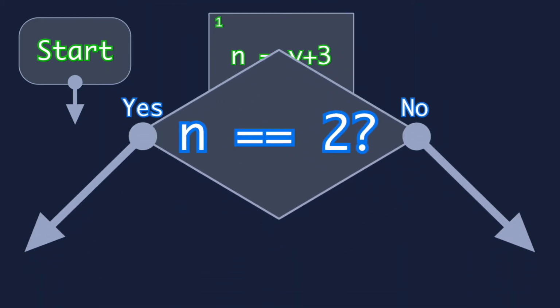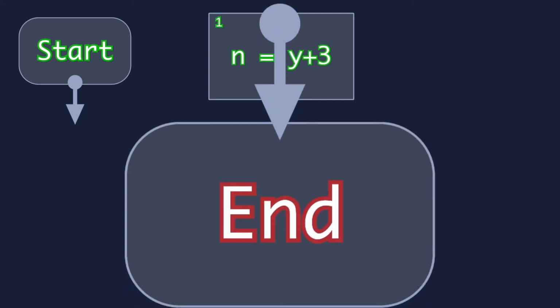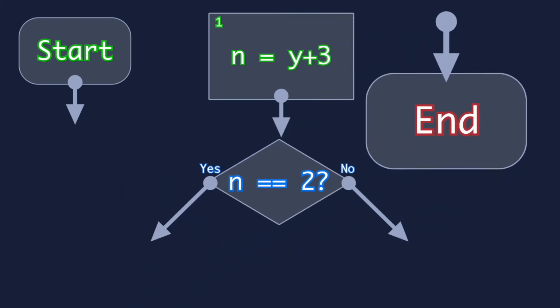Diamond nodes are questions or branch points. These split the path depending on the answer to the question. For example, does a particular number equal 2? If yes, follow the left arrow. If no, follow the right. And finally, we need an end node, again using a rounded square like the start.